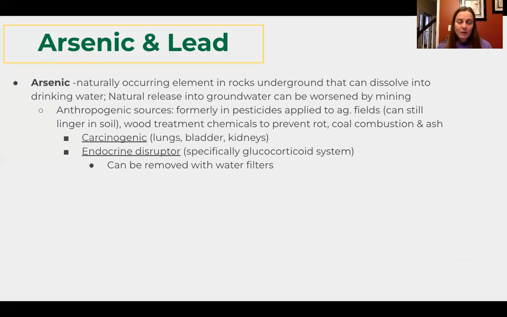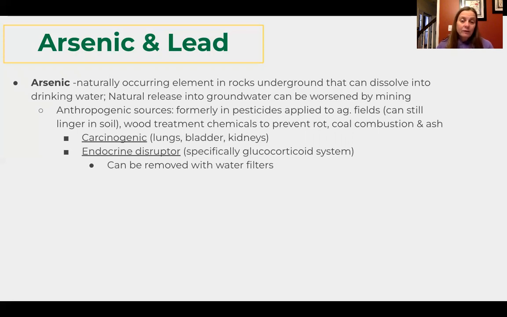Most drinking water in the American Midwest naturally has relatively high levels of arsenic. So people who have wells in the Midwest have to test their well water to make sure that it doesn't have dangerous levels of arsenic.